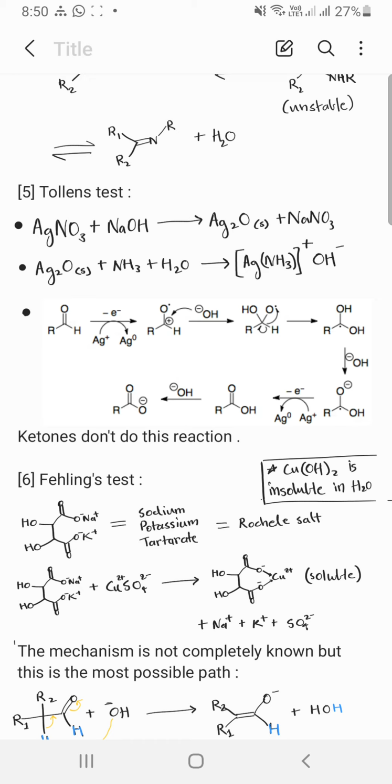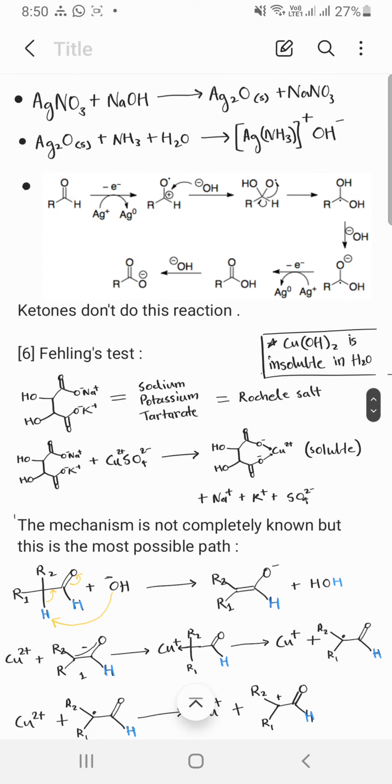Doesn't look too complicated over there. Ketones don't do this reaction. Why? I don't know. If I'm not getting a reason, then it must be something very complicated, or I didn't find the reason in the first place. Okay, cool.